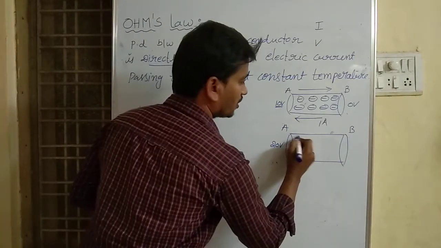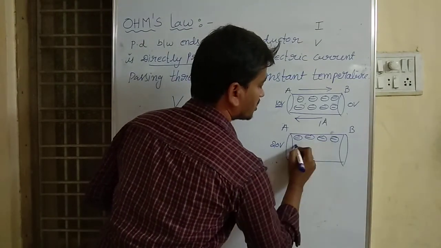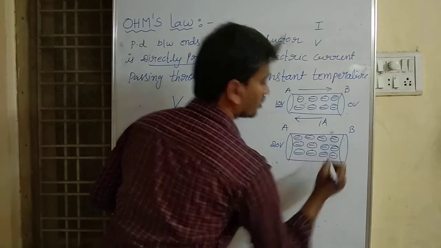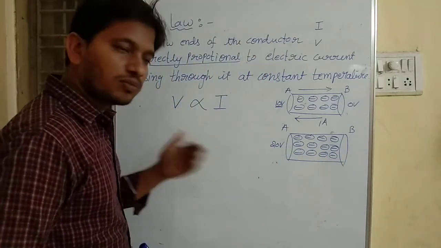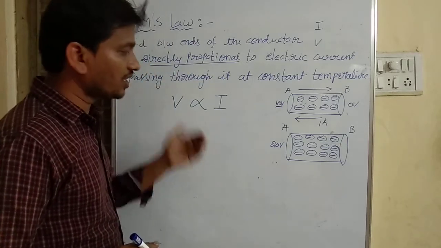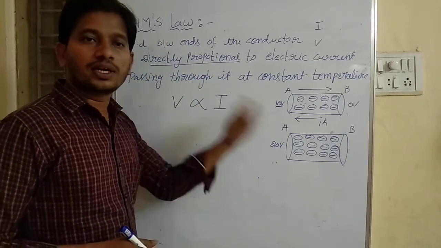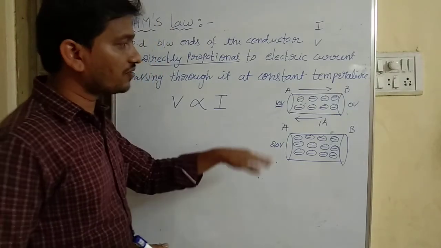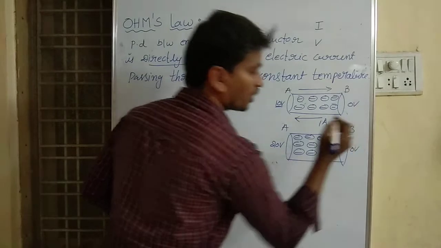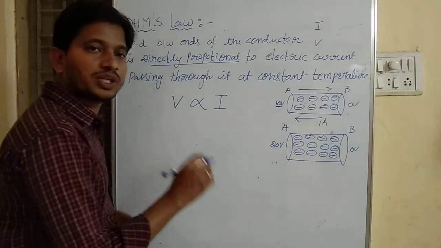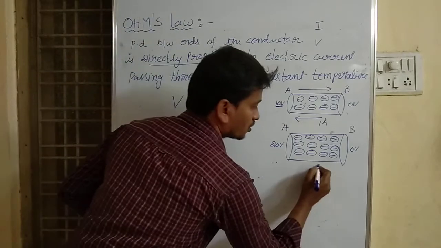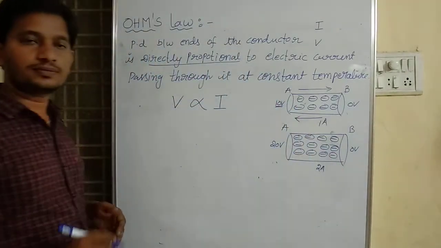As we increase the potential difference, more electrons will move, and as we know, the current also increases. Suppose the current is 2 amperes.